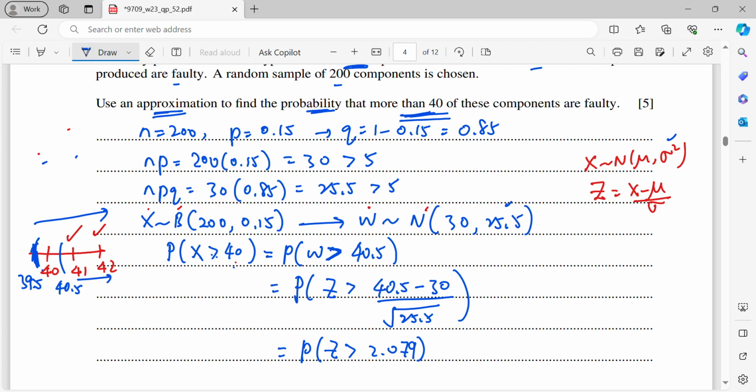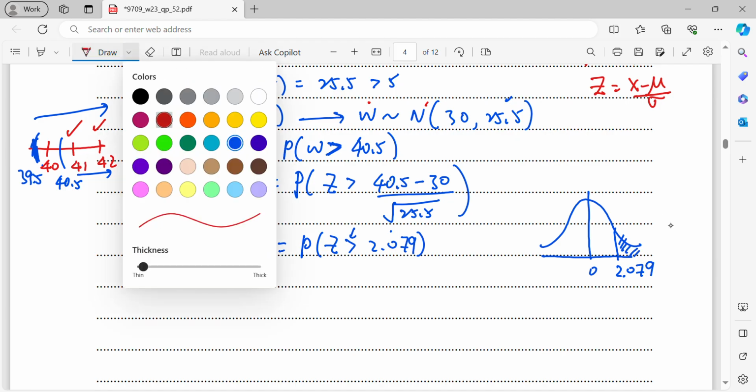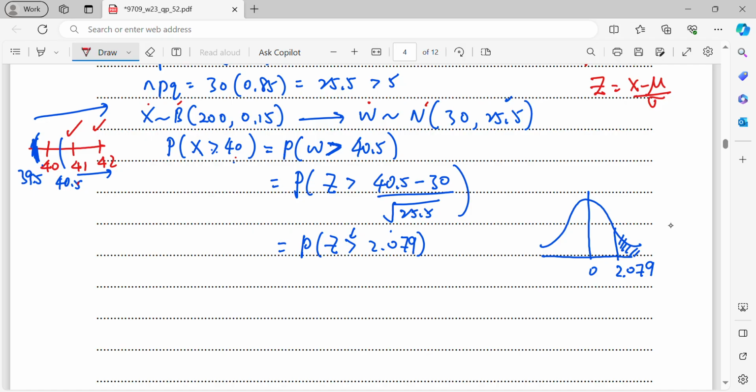2.079. Right, so now once you have obtained this probability expression, you need to draw or sketch a graph. So mark this 2.079, which is on the right side, and since it is greater than, the region is towards the right side. Now if you refer to the table, the region is always towards the left side, right?